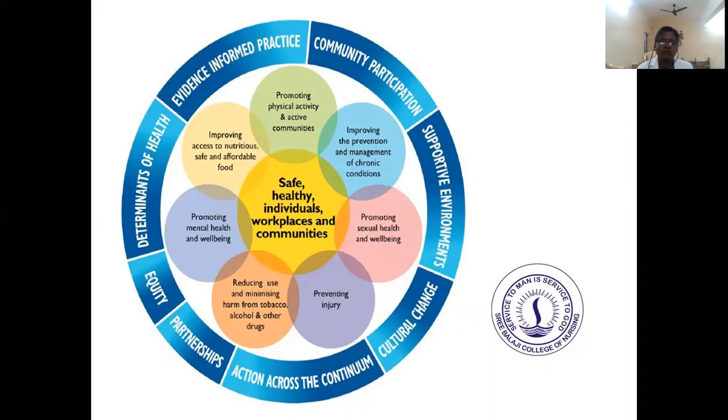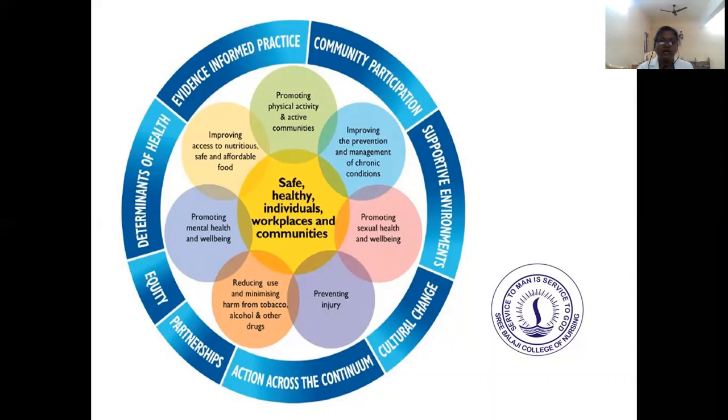The interrelated concepts in the inner circle are promoting physical activity in active communities, improving the prevention and management of chronic conditions, promoting sexual health and well-being, preventing injury, reducing and minimizing harm from tobacco, alcohol, and other drugs, promoting mental health and well-being, and improving access to nutritious, safe, and affordable food. These components are integrated with the safe, healthy individuals, workplaces, and communities.